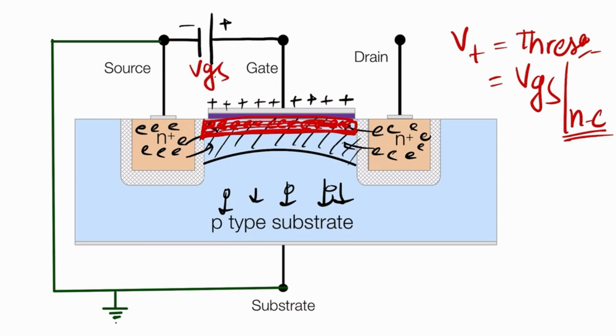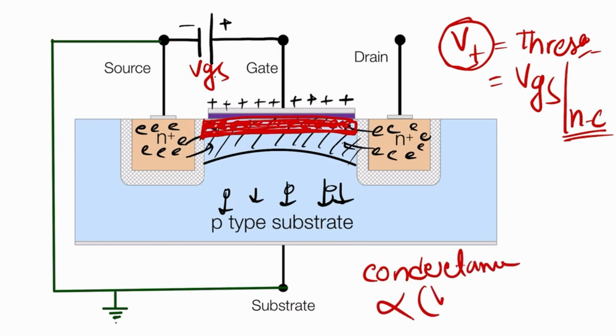Okay, so now the conductance of this N channel is directly proportional to the voltage we give to this gate to source terminal, right? Vt is needed to create the N channel, so the conductance is directly proportional to VGS minus Vt.